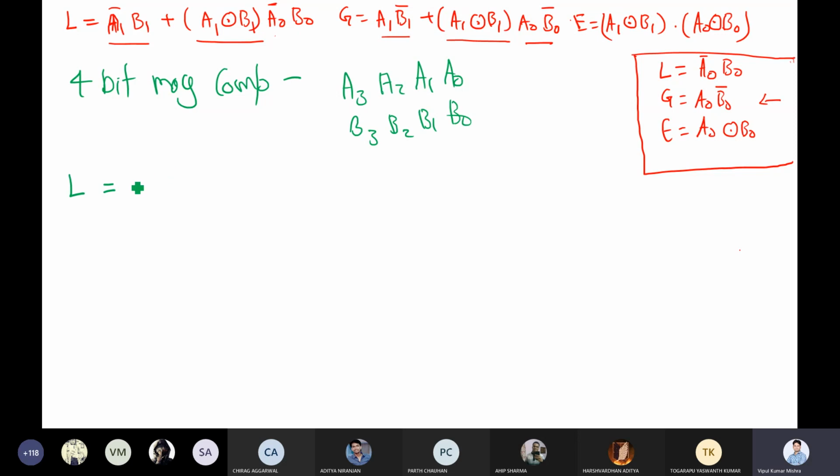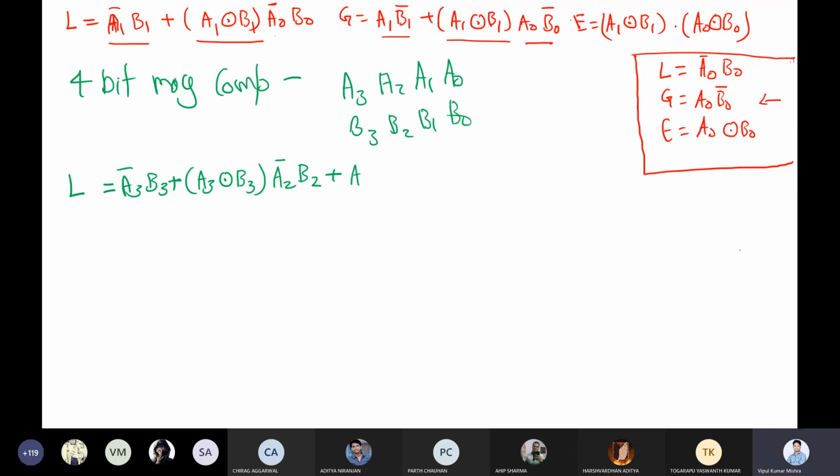How will we start? A3 bar B3, plus A3 XNOR B3 and then the same continues: A2 bar B2, plus A2 XNOR B2.